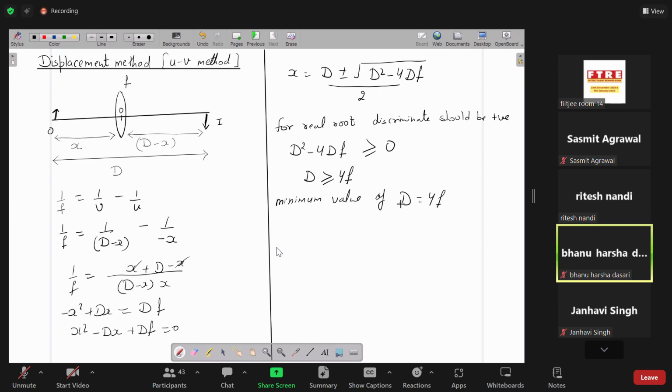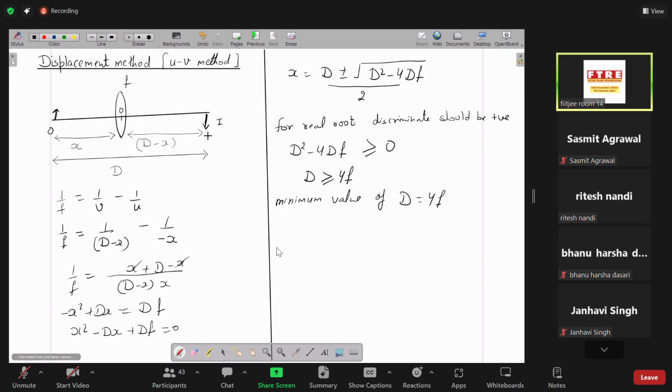Okay, so d is equal to 4f. That means the minimum distance between the object and its real image is 4f. So we can only get the real image if the object and the screen are kept at a distance greater than or equal to 4f. And the minimum distance will be when the object is kept at 2f, its image will also be formed at 2f.